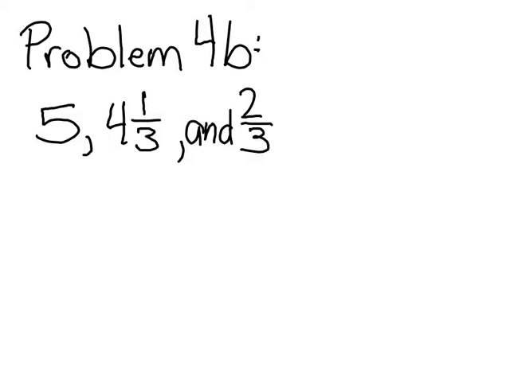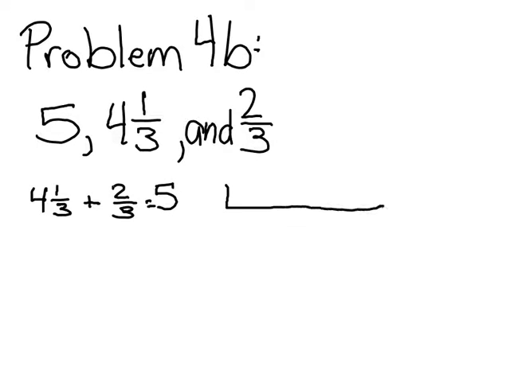The first problem is I'll look to get a total of 5. So I'm going to add 4 and 1/3 plus 2/3 equals, and I know that's 5, but I'm going to show it in the tape diagram. So we're going to have 4. Here's our 4. And then 1/3.